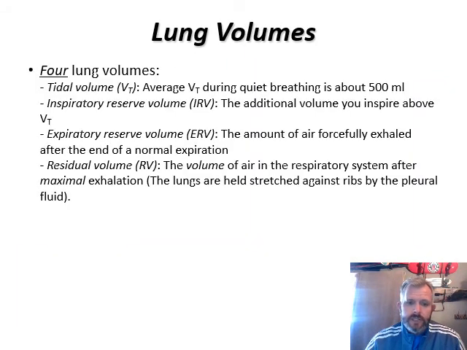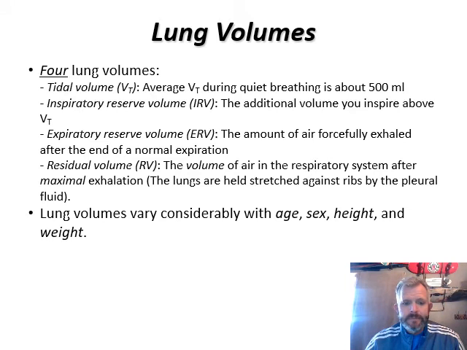So here are those definitions in writing: the ERV, residual, tidal volume, IRV. Again, these differ with age, sex, height and weight. Typically, adults are going to have larger volumes than kids, of course.